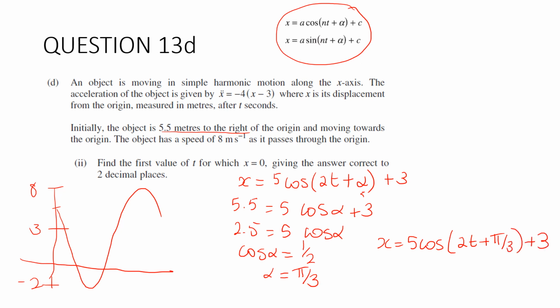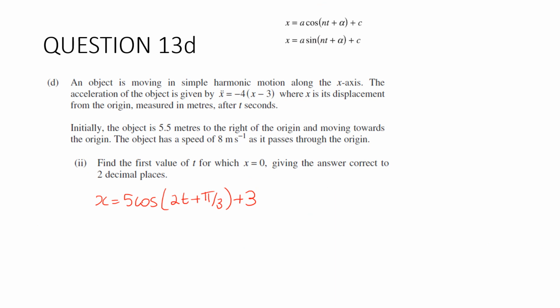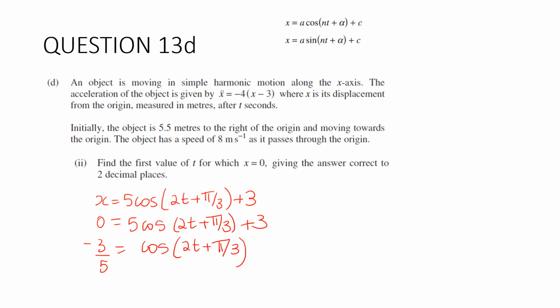Now let's answer the question. Find the first value of t for which x is equal to 0. So we want to solve this trig equation. Okay, subtract 3 from both sides. I'll divide by the 5 at the same time. And so 2t + π/3 will be equal to inverse cos of negative 3 divided by 5, which is 2.214.